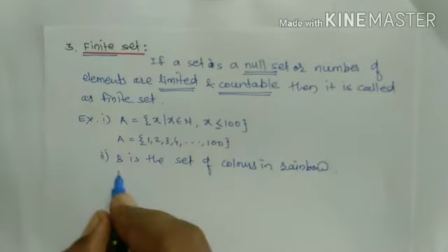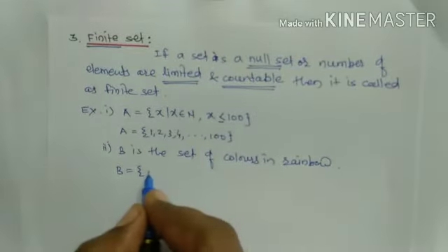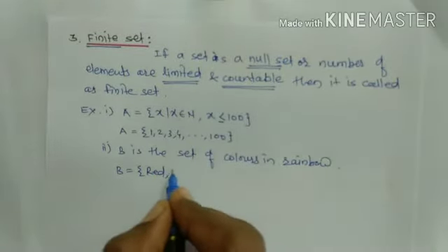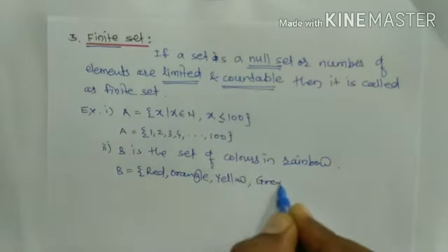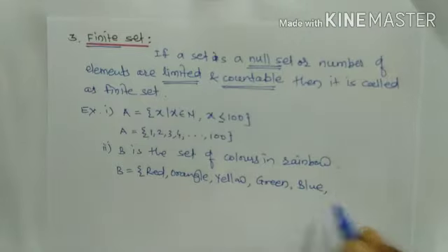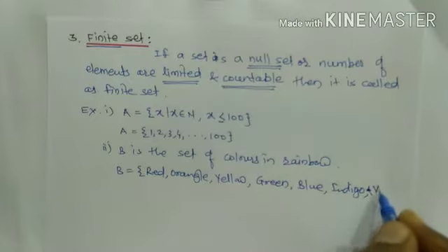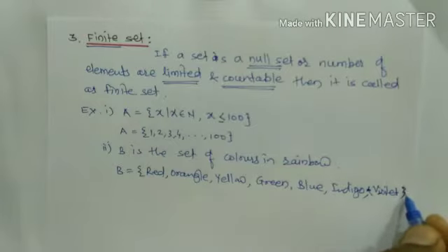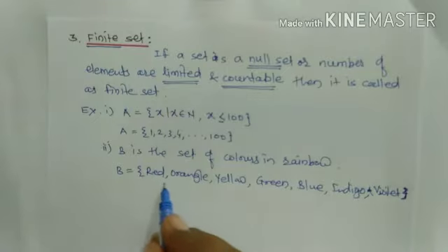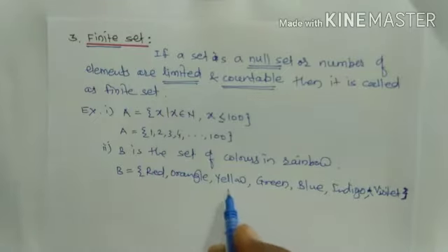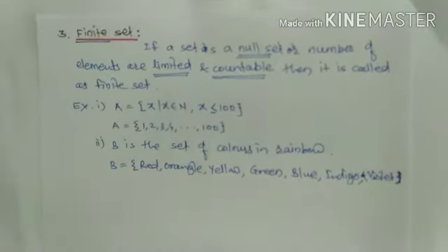So B is the set of colors in a rainbow. If we write this in listing method, it is red, orange, yellow, green, blue, indigo and violet. See, this is an example of a finite set. Why? Because the elements in this set are limited and countable. That's why set B is a finite set.